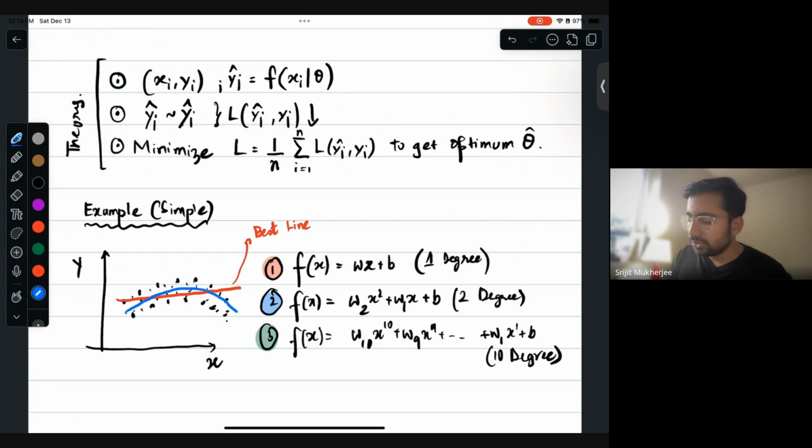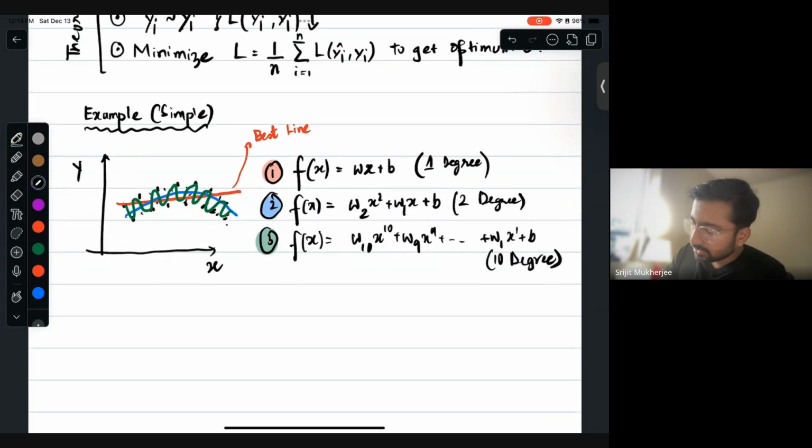And if you take the green, you will get something like this. Okay, 10-degree polynomial. Now the question is, which is a good functional fit?